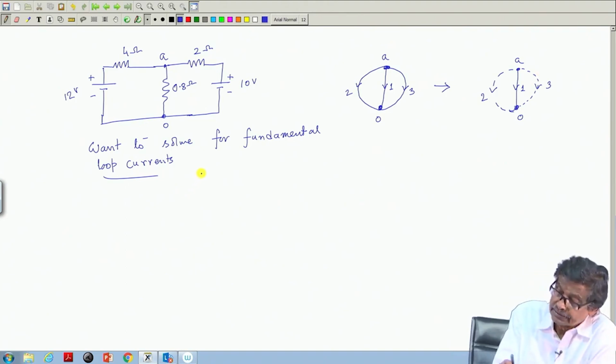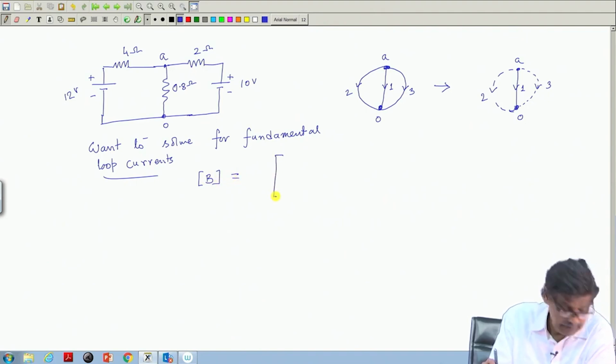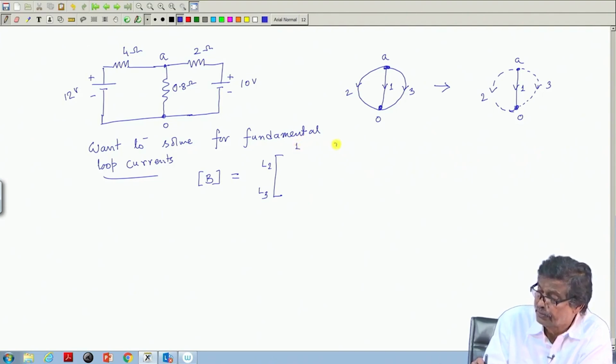So, the B matrix straight away I can write as, for loop 2 and for loop 3. And how many elements are there? 1, 2, 3. So, write 1, 2, 3.